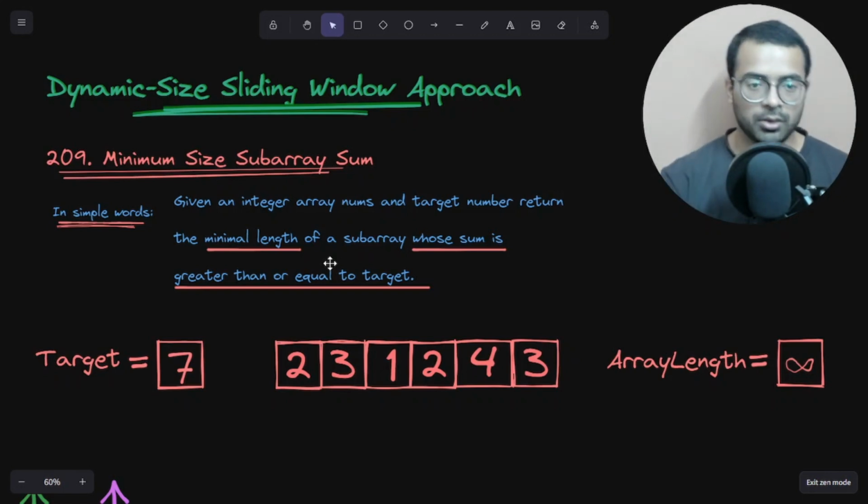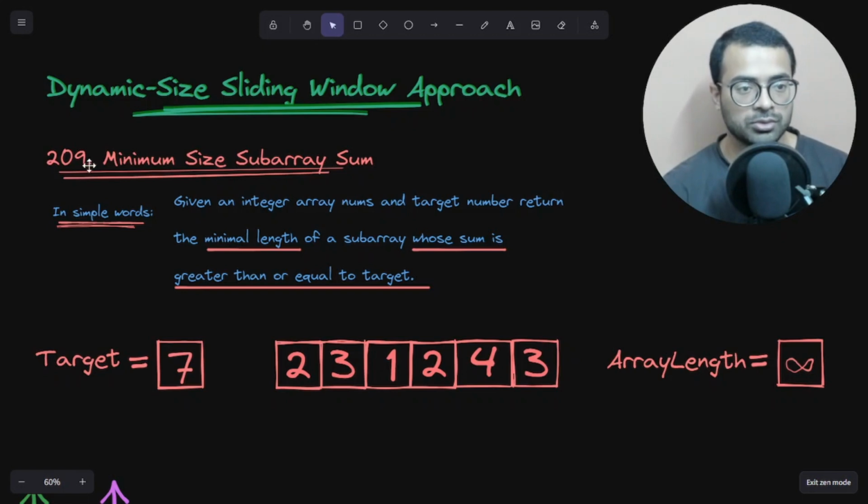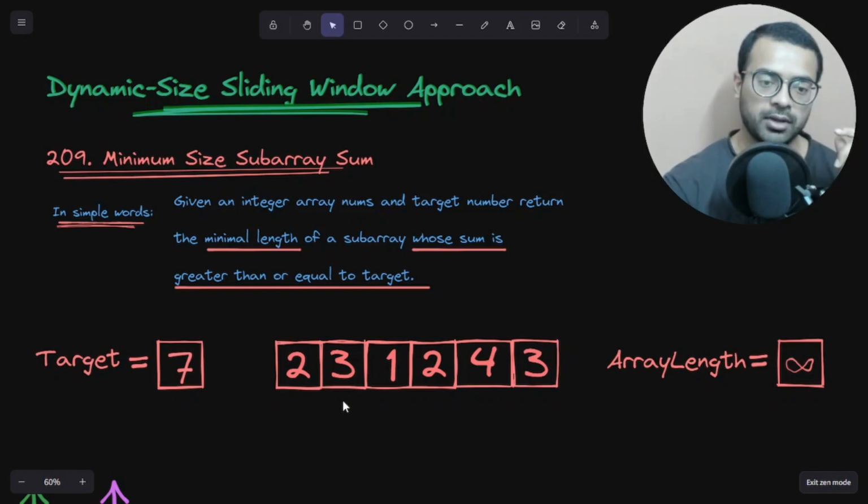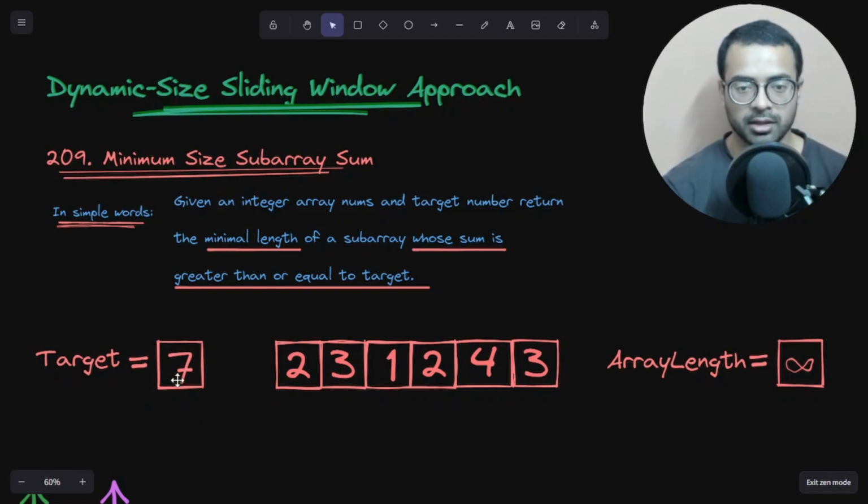So today we are going to solve question number 209, minimum size subarray sum. What this question in simple words is asking: we are given an integer array of numbers and a target number.